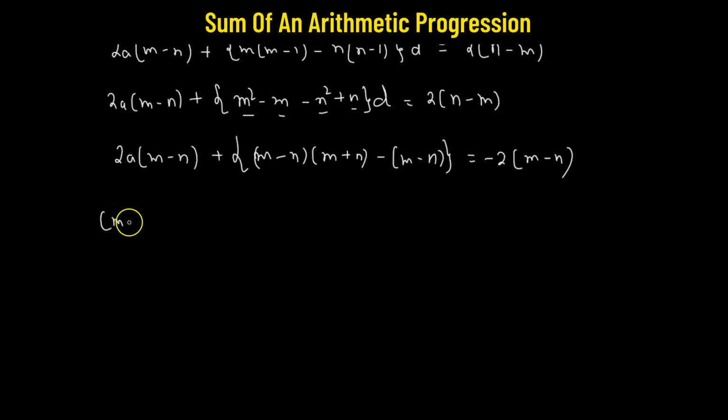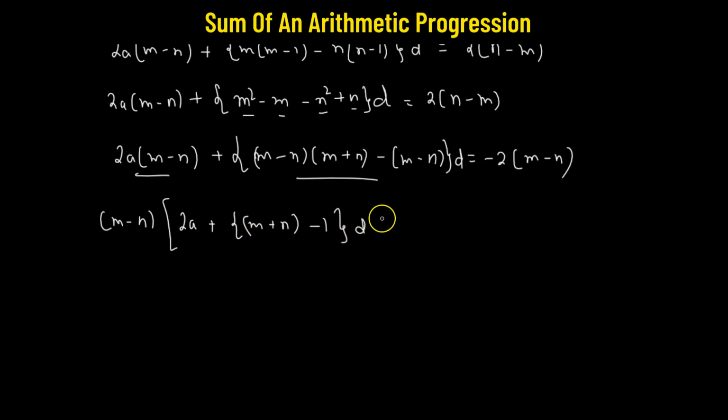Now we can pull out m minus n from the first term and the second term, and this is going to give us 2a plus, within the parentheses, m plus n minus 1 all multiplied to d. This is equal to negative 2 of m minus n.